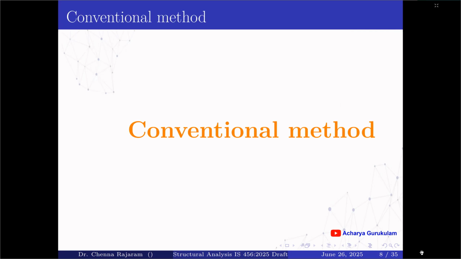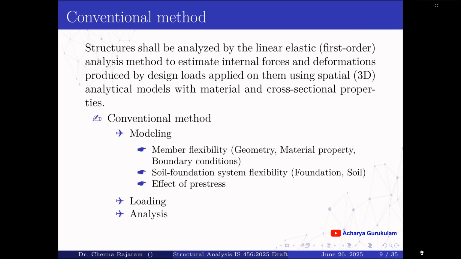Now we'll discuss the conventional method. Structures shall be analyzed by the linear elastic, that is the first order analysis method, to estimate internal forces and deformations produced by design loads applied on them using spatial analytical models with material and cross-sectional properties.